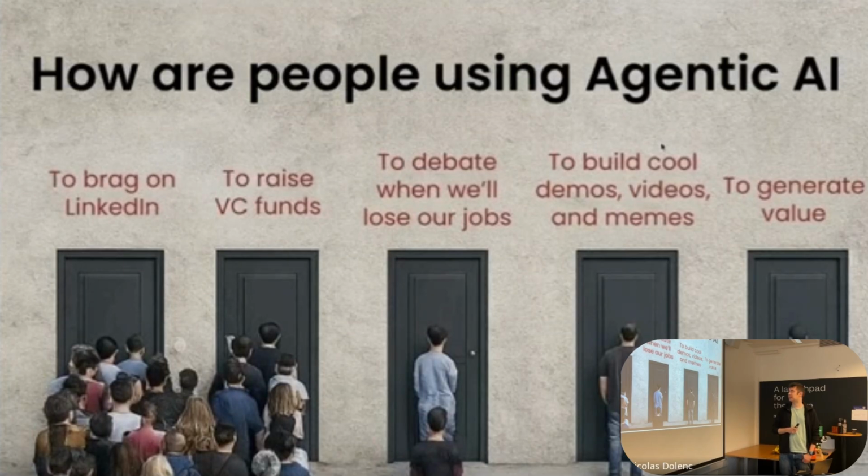But the reality is that the actual people generating value are very few and far in between, because even though it's easy to get a nice demo going or a little prototype, you very quickly hit a wall in terms of complexity of the system, it not being reliable enough, or it not having access to the data or the tools that it needs to do the work that you want it to do. So let's steer the conversation towards the right side of this picture, and think more about what are the cool things we can build, but also more importantly, what are the valuable things we can build, and what is actually worth building. Because now that building is becoming easier, planning and thinking about what to build before starting building is becoming increasingly important.